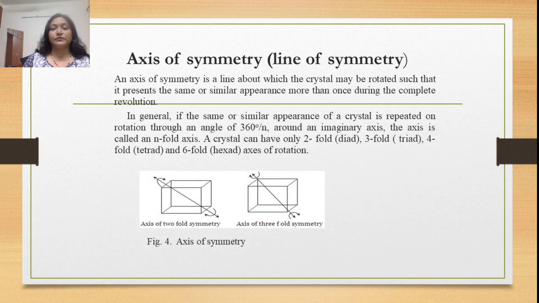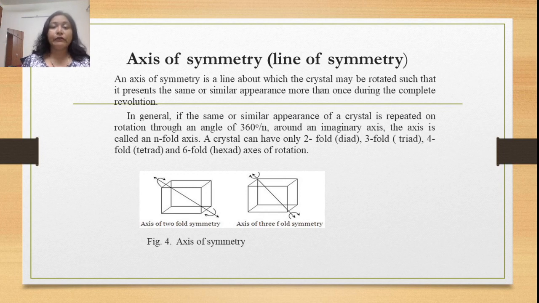Now the axis of symmetry or line of symmetry. It is an imaginary line about which, if the crystal is rotated, it presents the same or similar appearance more than once during the complete revolution.